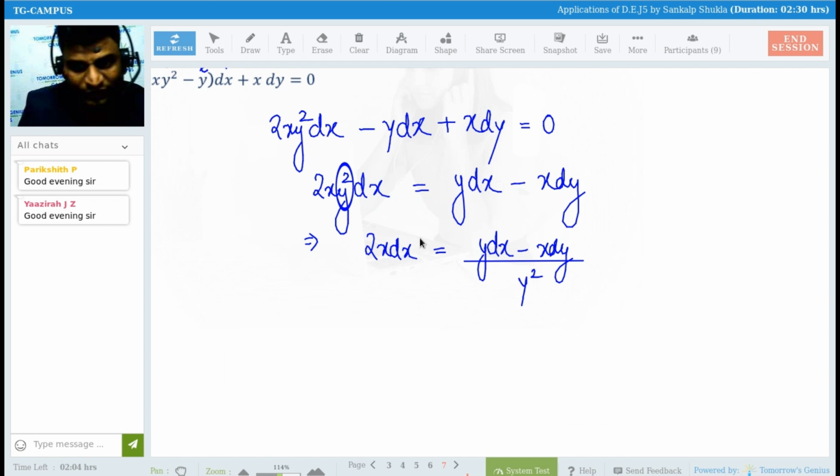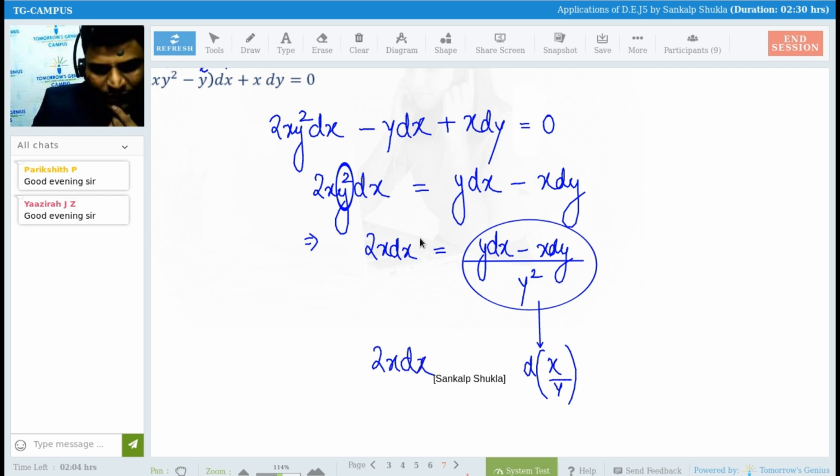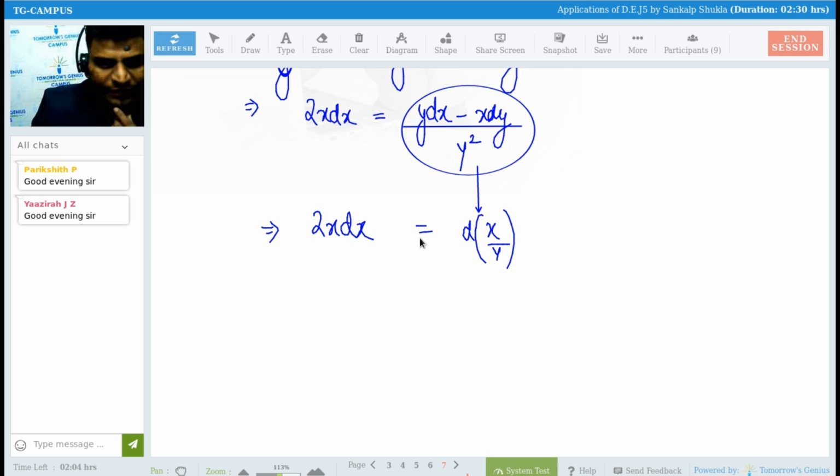Now this entire function can be written as what? You tell me. This is nothing but d of x by y, and 2x dx is already here. Just integrate.